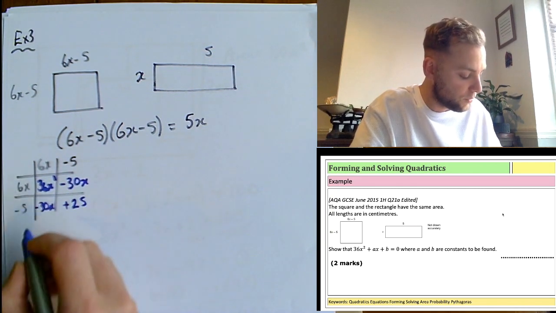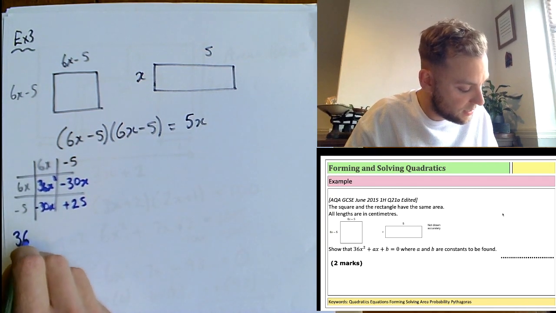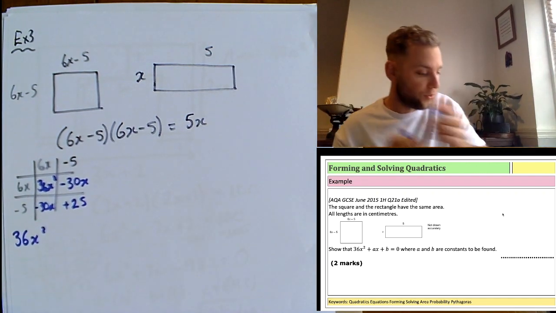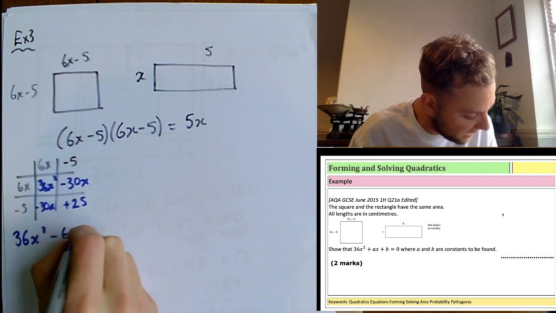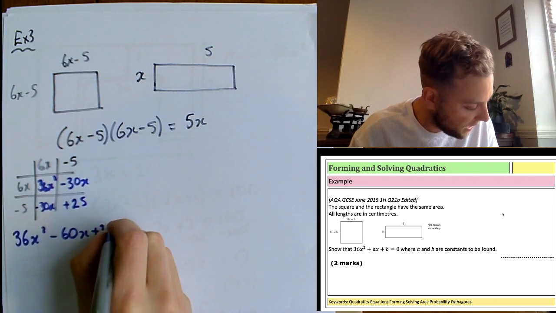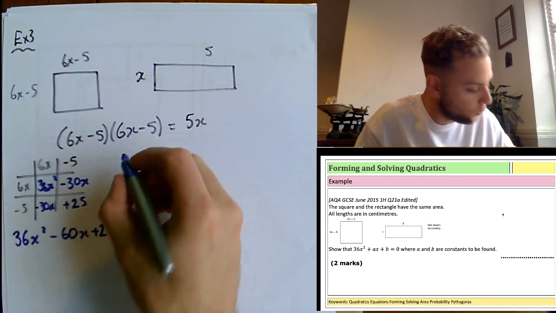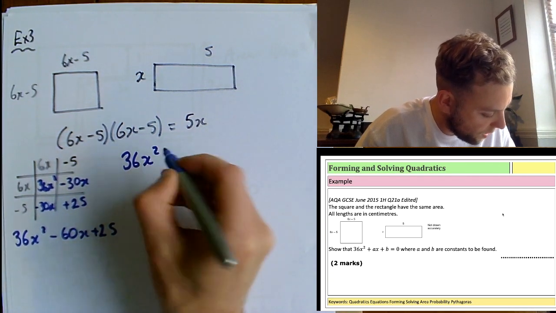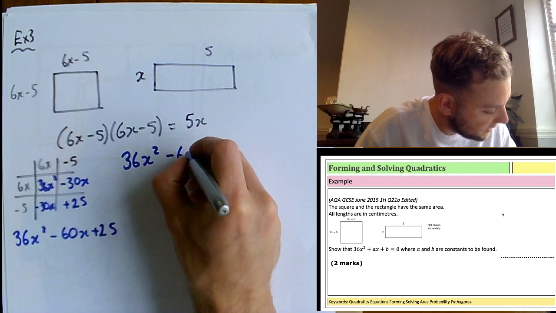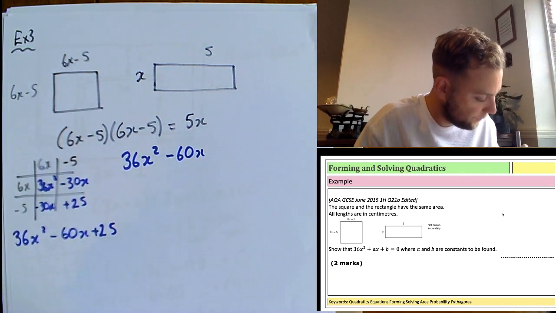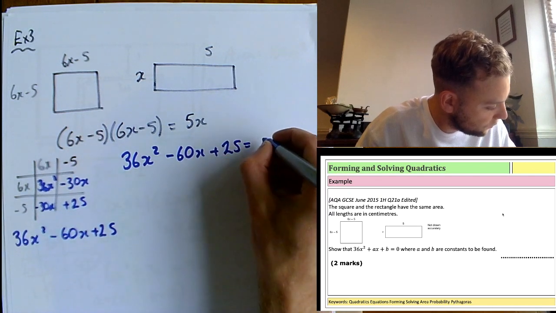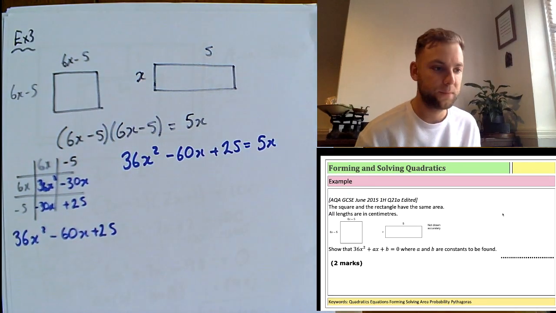We bring together these ones in the middle, so we end up with 36x squared, minus 30, take away another 30, is minus 60x, plus the 25 at the end. So I end up with here 36x squared minus 60x plus 25 is equal to 5x.